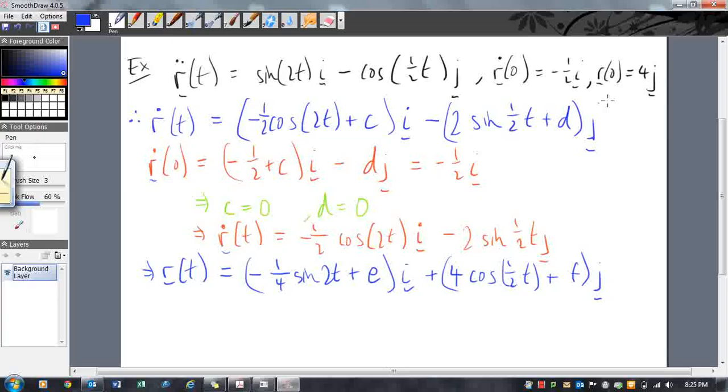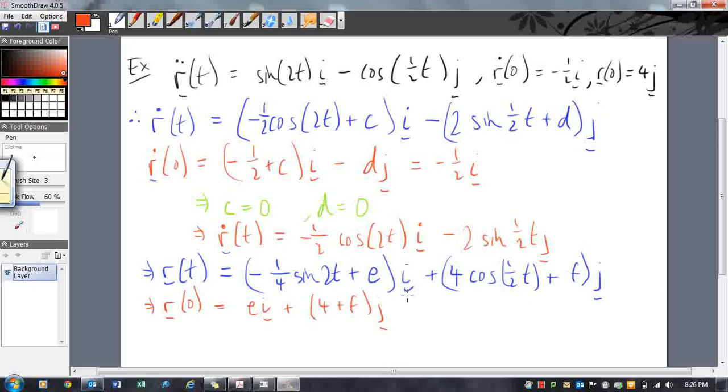Again, we've been told that r of 0 is equal to 4j, so we can use that to find e and f. So therefore, I think I should be able to squeeze it in. R of 0 is equal to, when t is equal to 0, sine is equal to 0, and so we're going to get 0, so we're going to get e i, cos of 0 is equal to 1, and so that's plus 4 plus f j.